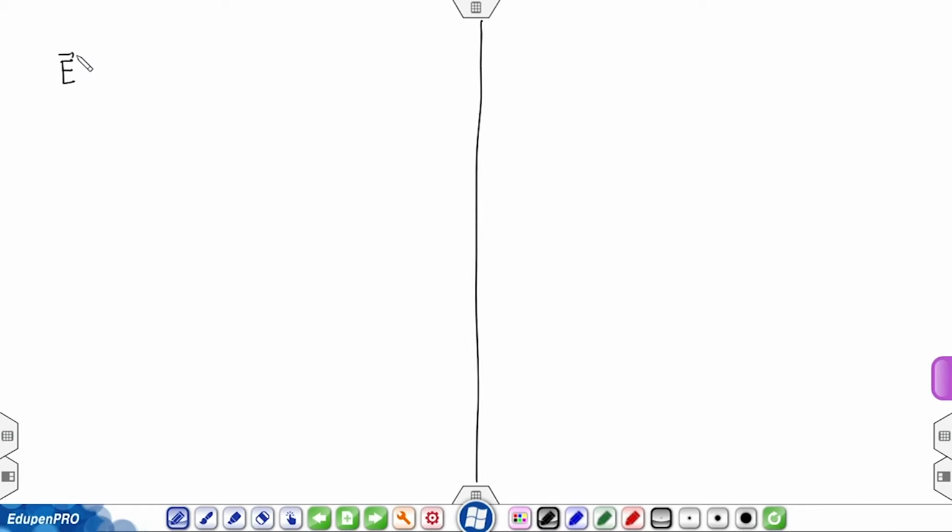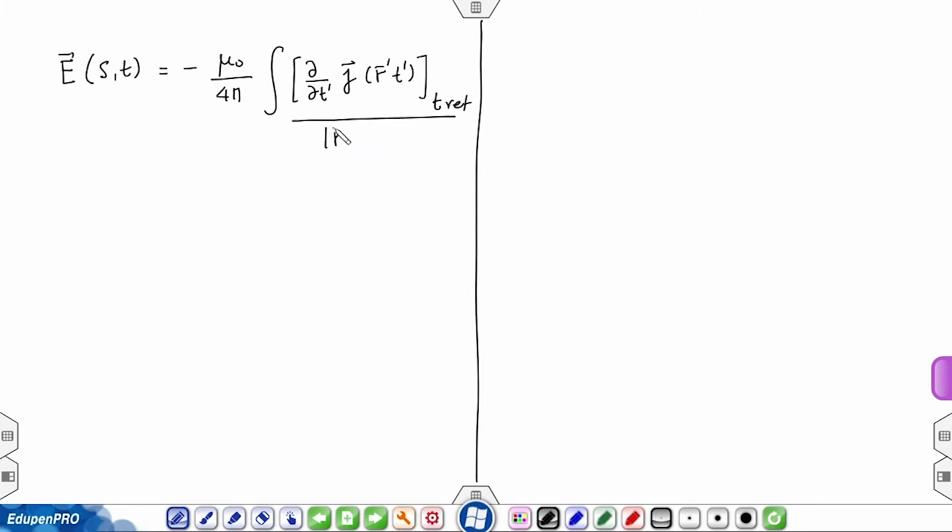So, all that we are assuming, and I will let you think about it, E(s, t) therefore is going to be equal to minus mu naught over 4 pi integration d by dt prime J(r prime, t prime), this is being calculated at t retarded, divided by script r, d v prime.